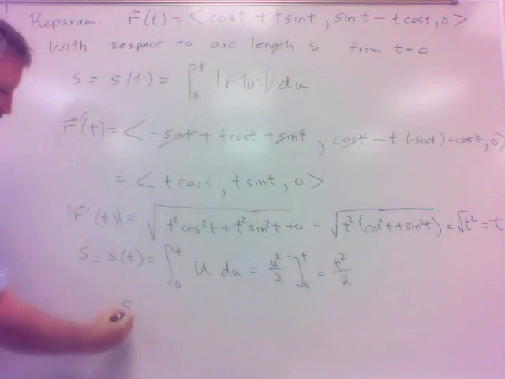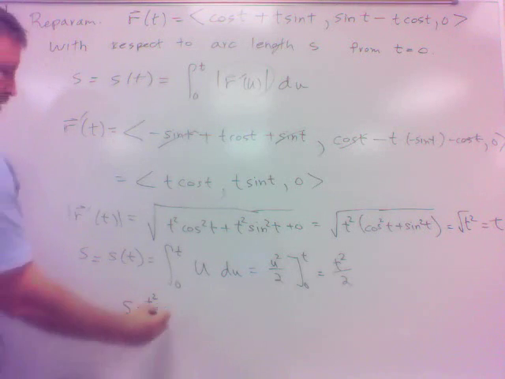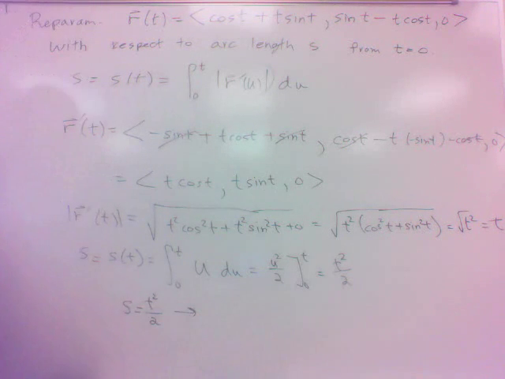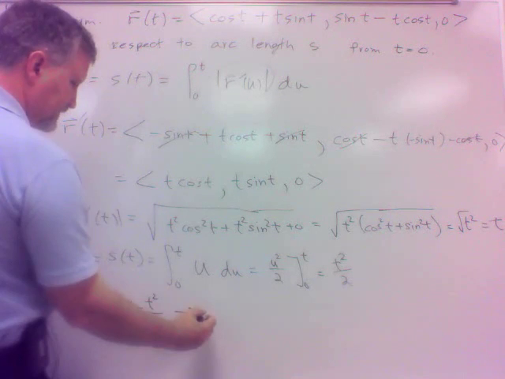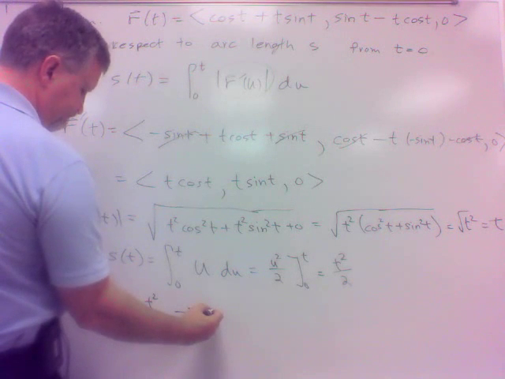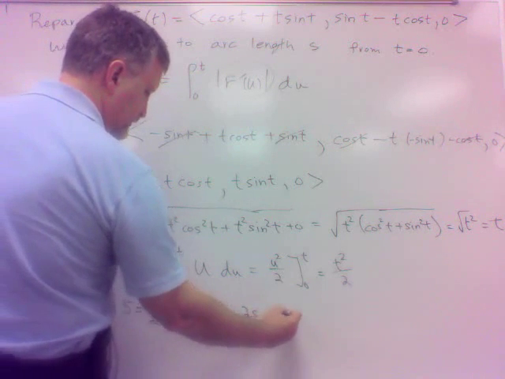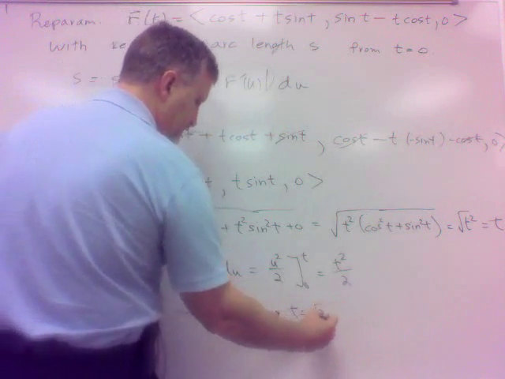That is our s. Now solve that for t to get our replacement. So t squared equals 2s, and so t would be the square root of 2s.